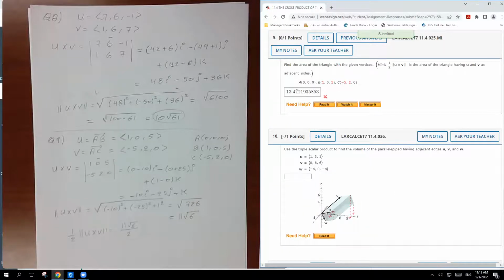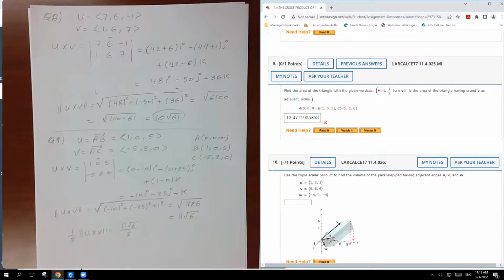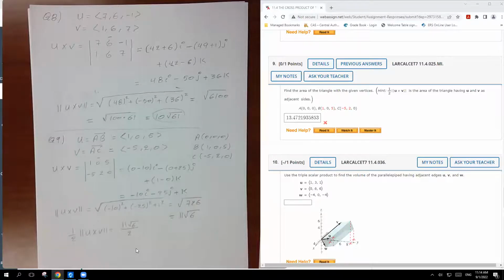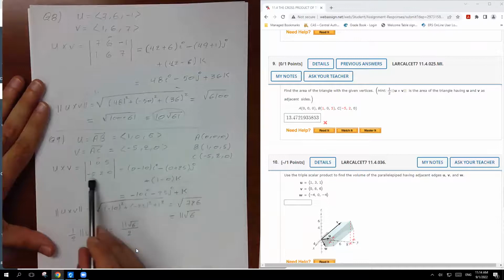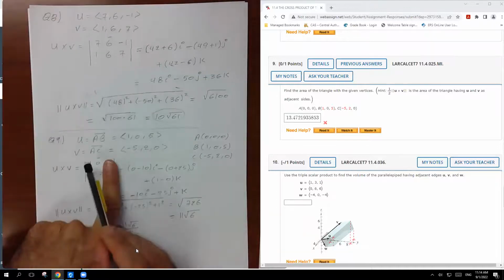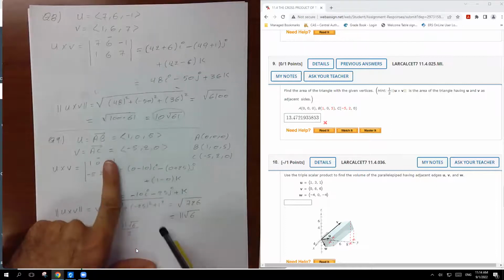No, still wrong. Let's see where the wrong thing is. So here's the mistake. Here, the k value is 2 minus 0, not 1.